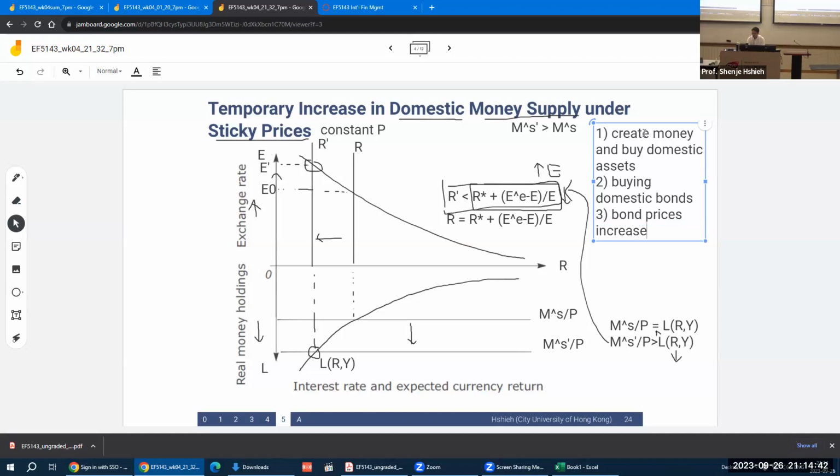Bond prices increase, bond yields decrease.